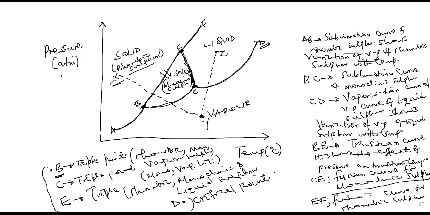Then at point Y, in the vapor state, when you compress at constant temperature, it changes to liquid sulfur along YZ. So simply, that is what I can say about the sulfur system.